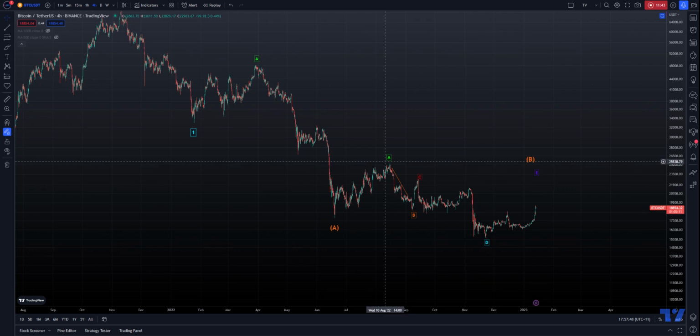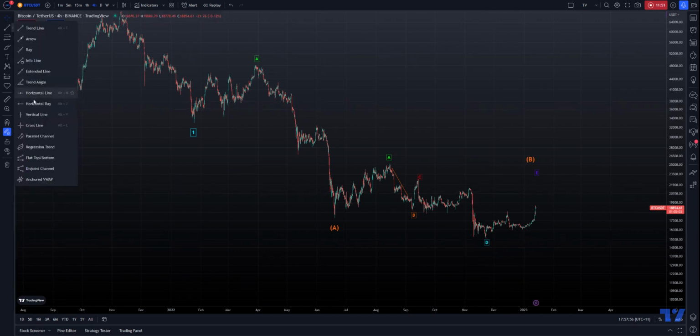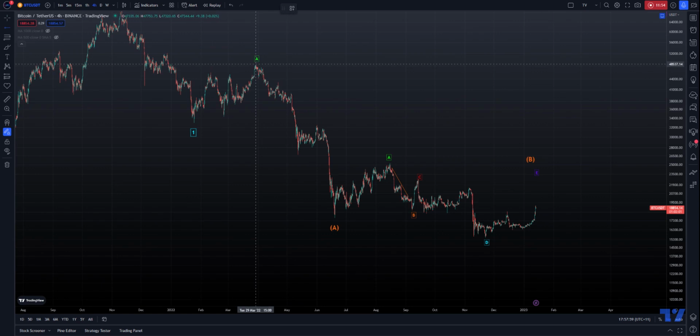A, B, C, D, and E is in progress. Where can E go up to? This is interesting because a lot of people I've heard say that they see Bitcoin in the 30,000s by mid-year. And I thought, that makes sense. I thought, geez, how do these people know that? Do they know Elliott Wave?